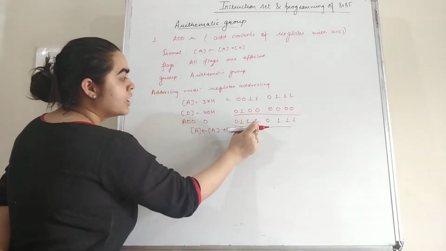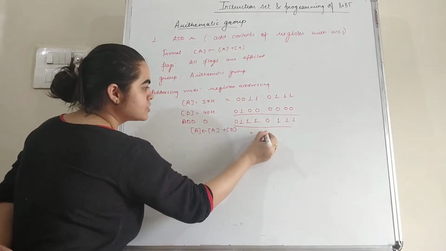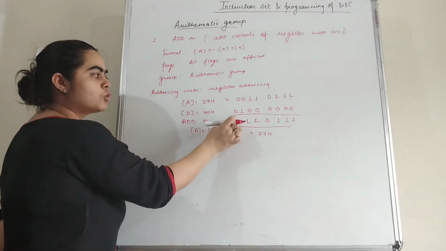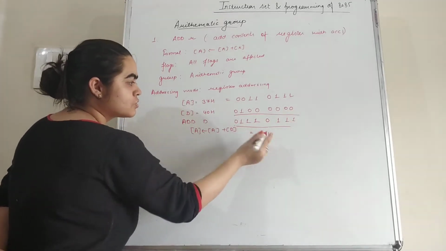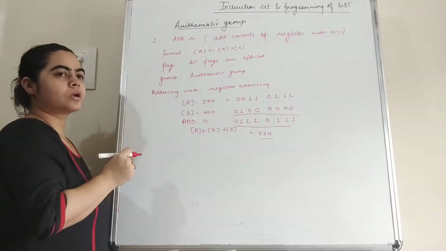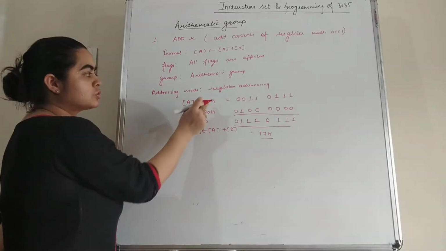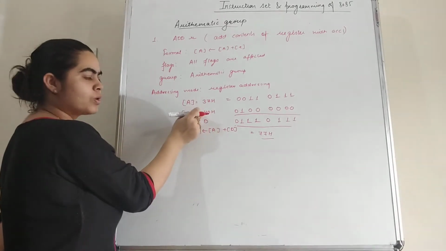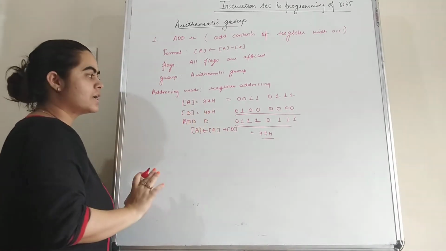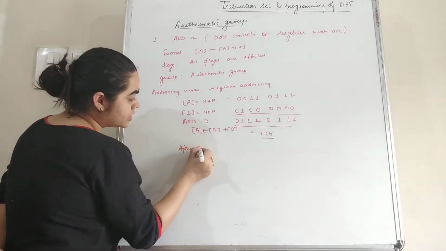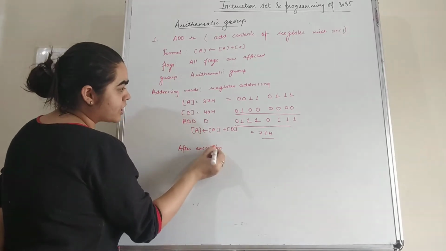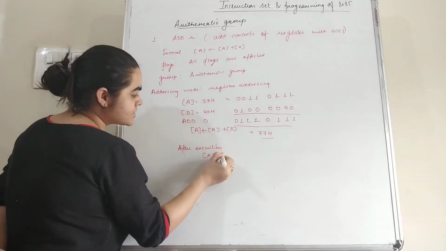Now students, this is equivalent to 77H because 0, 1, 1, 1 is 7 and again 0, 1, 1, 1 is 7. So the result of the addition of the two numbers is 77H. So 7 and 0 is 7, 4 and 3 is again 7. Now students, after execution, the contents of the accumulator are 77H.